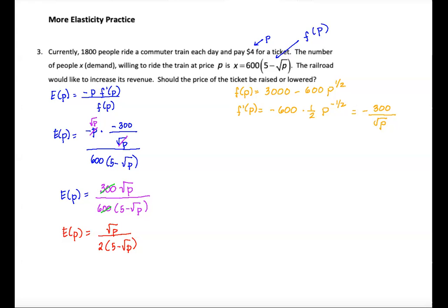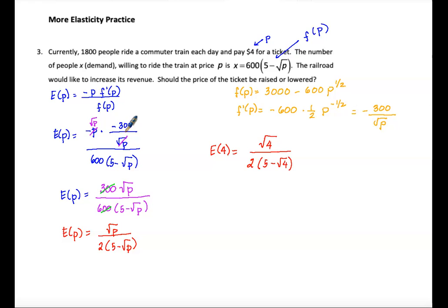Now again, remember we want to find whether this is elastic or inelastic at price equal to 4. So we want to evaluate the elasticity of demand at 4. So we have square root of 4 divided by 2 times (5 minus square root of 4). Now, can we plug this in without simplifying? Of course, we can do that too.